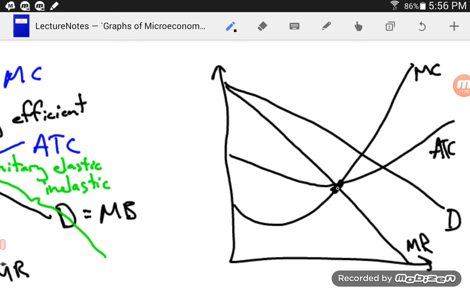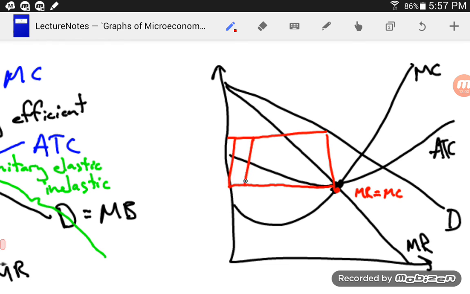Now, we said before that we are going to always produce until marginal revenue equals marginal cost. And so I've kind of cluttered up that point there, but there's that point of marginal revenue equals marginal cost. And if I did that, the profit I'm making is the difference between the average total cost, so my cost per unit, and the price that I'm actually able to sell it for.